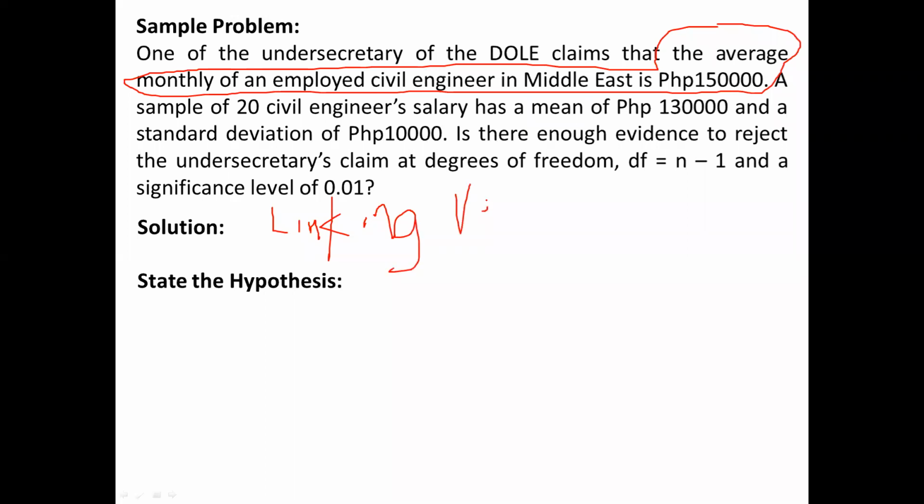Linking verb yan. So, ano ba yung mga linking verb? Linking verb natin, yung is, yung are. Kapag sinabi mong is, kapag sinabi mong are, o kaya ibahin ko yung mga connecting words: can be, more, less. Okay. Is yung ginamit na linking verb. Anong ibig sabihin niyan?